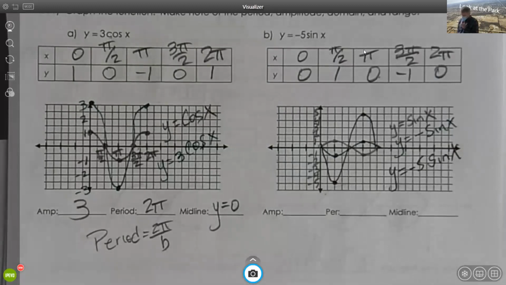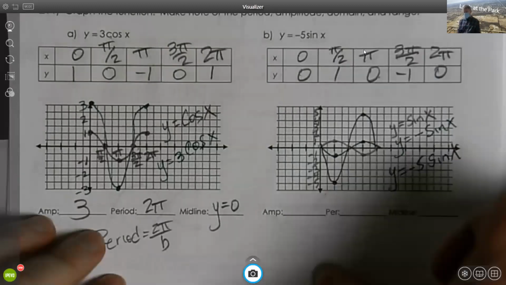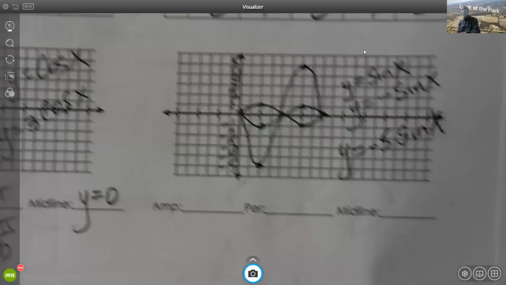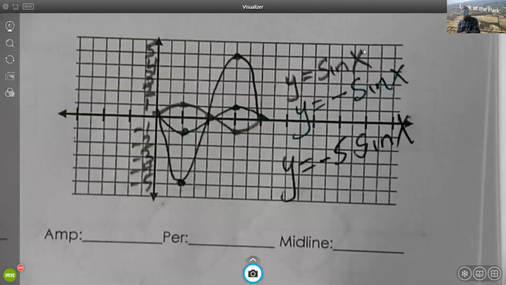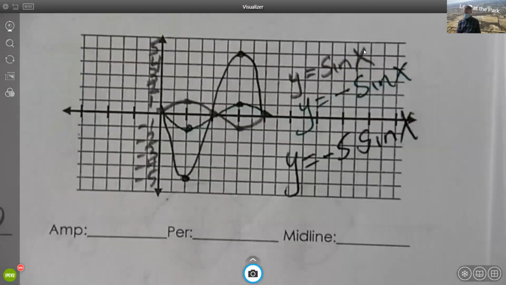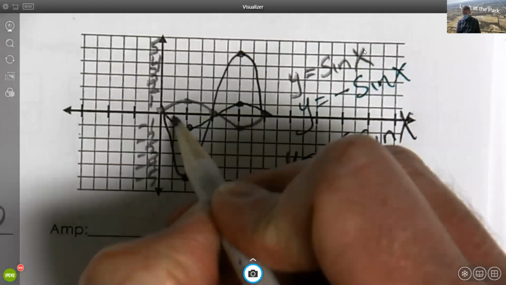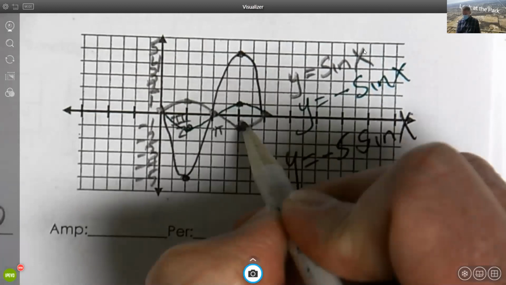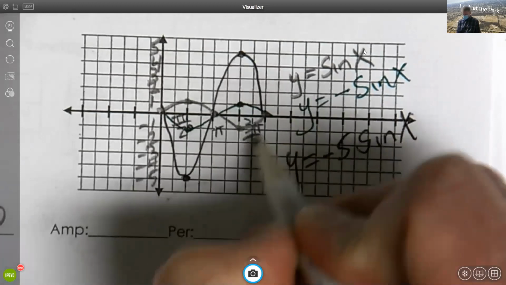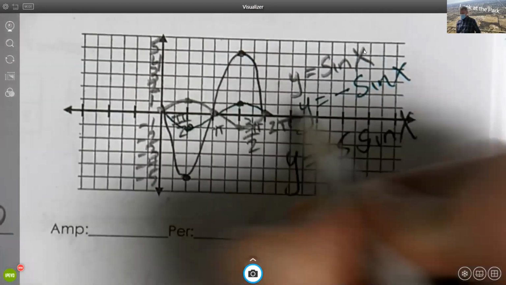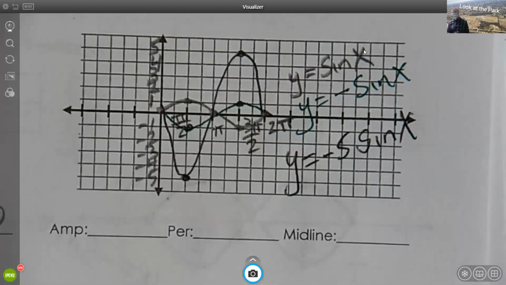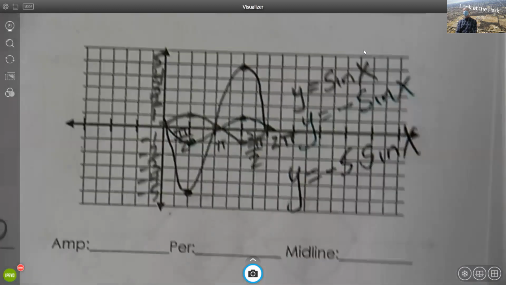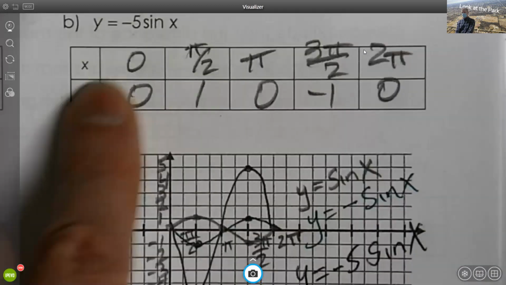Our increments in there were pi over 2, pi, 3 pi over 2, and 2 pi. Each one of those lines was one of the angles that we had talked about in our table.